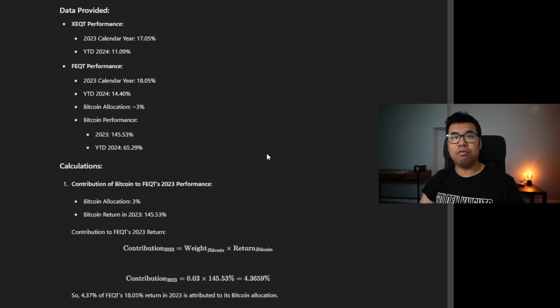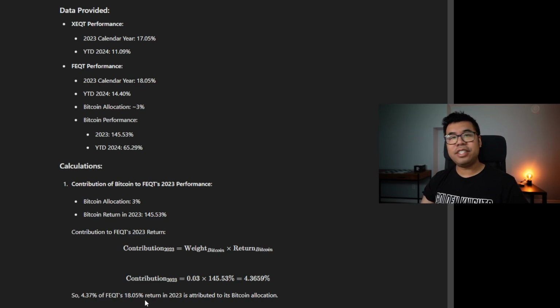And FEQT is relatively new. It came out in January 2022, at least according to the website. And it did better than XEQT. And these numbers vary slightly depending on what website you look at. So it did better. It had a roughly 18% return in 2023. But if we put the Bitcoin allocation at roughly 3%, which is what it says it wants to keep it around, and we multiply 3% by the exceptional performance of Bitcoin in that year, a 145% return, the contribution of it is around 4%.